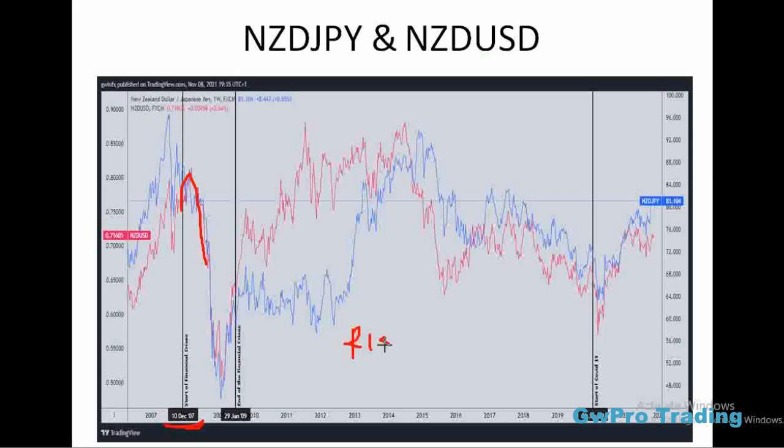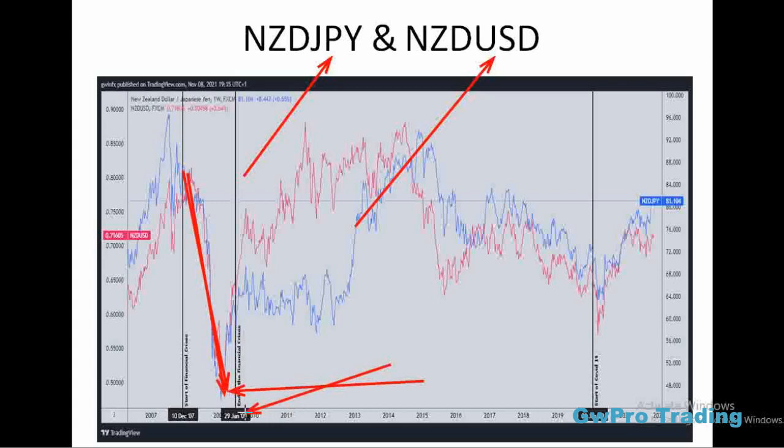That time you can see the strength of the drop, very fast. Investors were selling off their risky assets and moving to safety. They bought more JPY and USD, and that caused this drop.